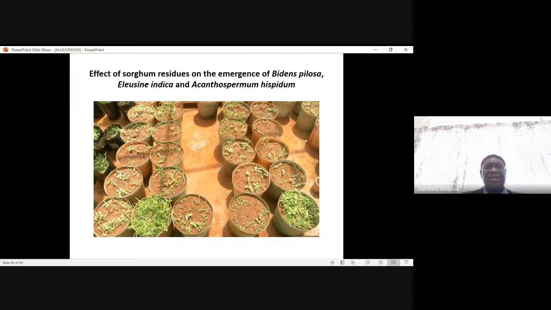Like what was happening here, biomass of sorghum residues, which were being evaluated for allelopathy, were incorporated in these pots. Then these 3 weeds were planted. And of course, things like emergence were monitored.